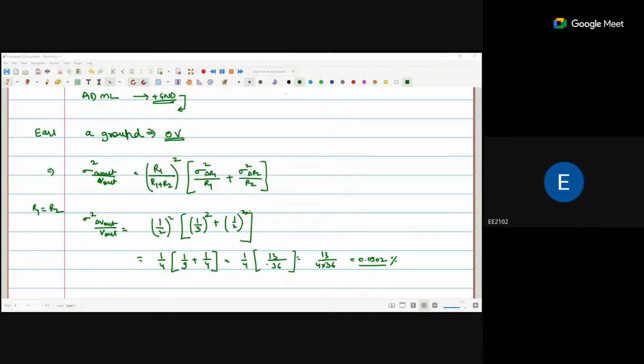I checked. I think the PSSR is 35 dB at 10 kilohertz, and at 100 hertz it is 68 dB.